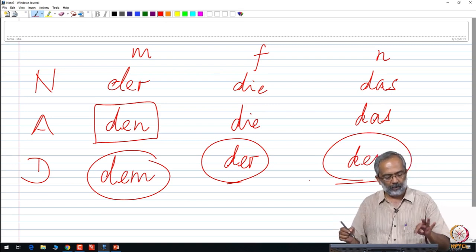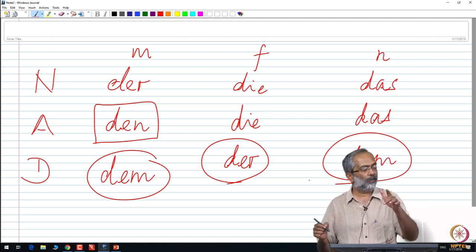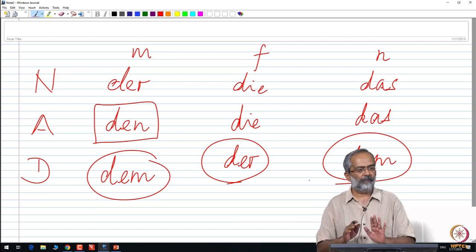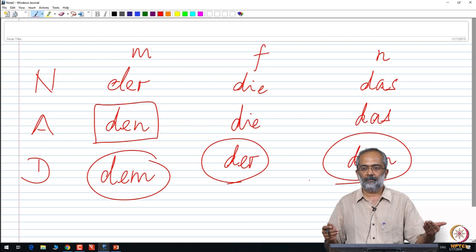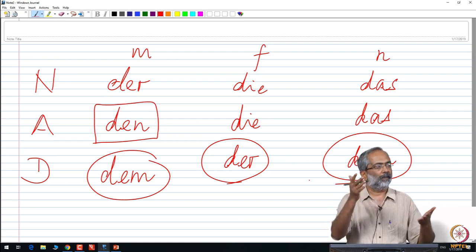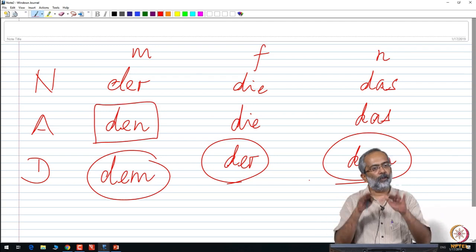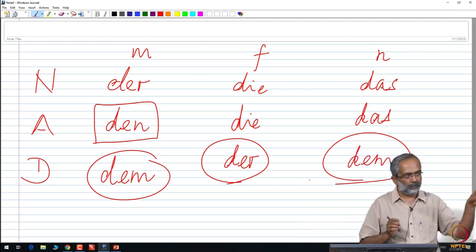Only masculine accusative is changing, the other two are the same. Similarly, what is the negative article? Kein. It functions the same way, no difference. What are possessive articles? Mein, dein, sein, unser, etc. They also work in the same way. Okay. So this is the next step.